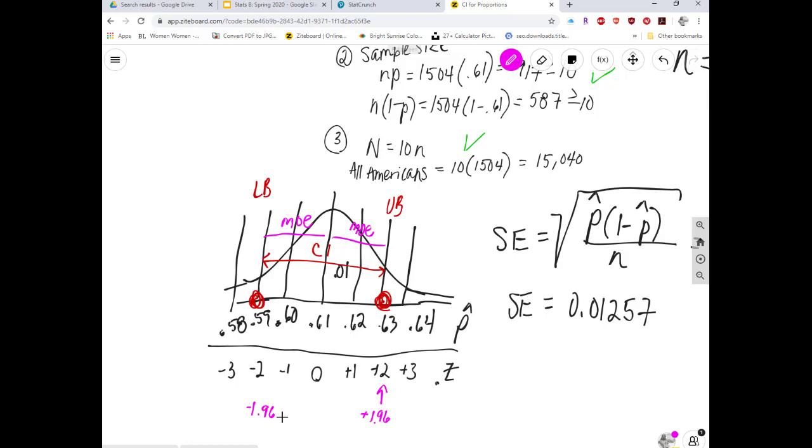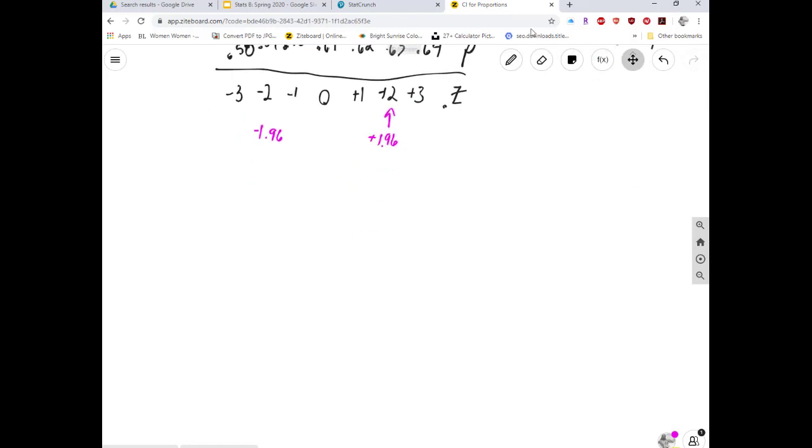All right. So what am I going to do? Go back to black. I've got 0.61 here. And I need to know the upper bound, and I need to know the lower bound.